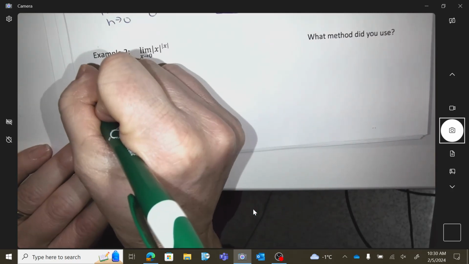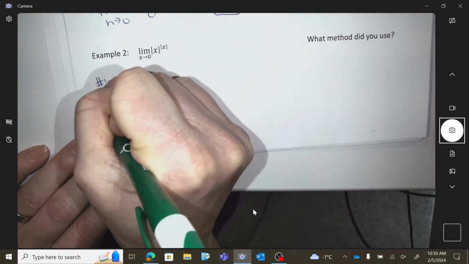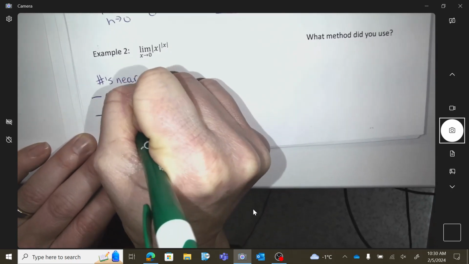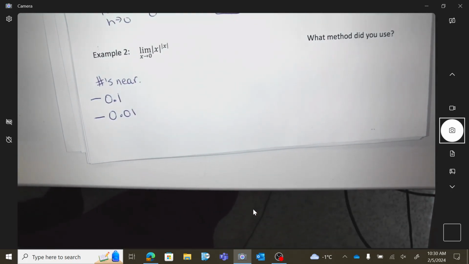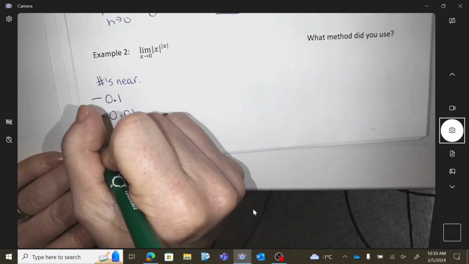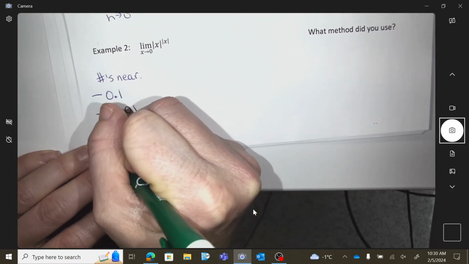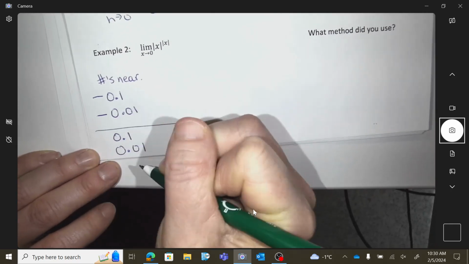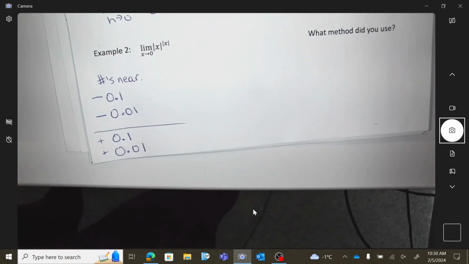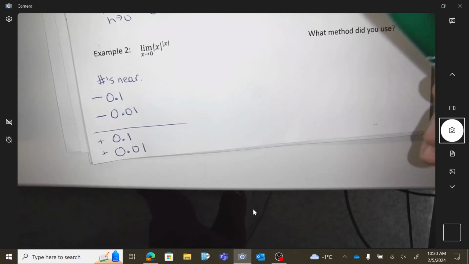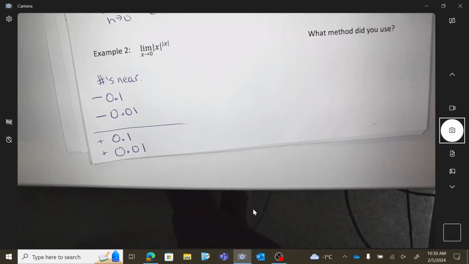So I'm going to go -0.1, -0.01. Those are like the underneath it. And then I'm going to go +0.1, +0.01. What does absolute value mean though?